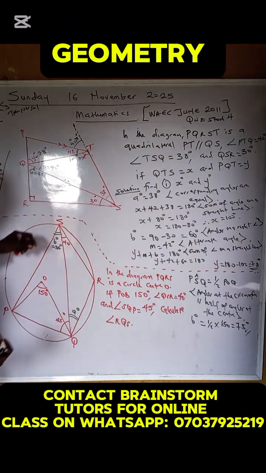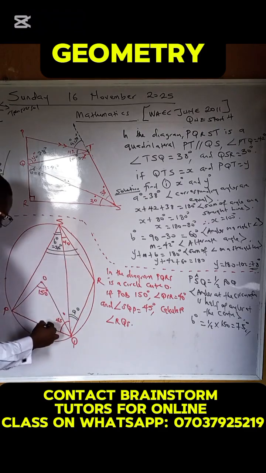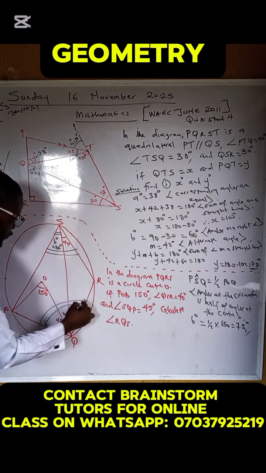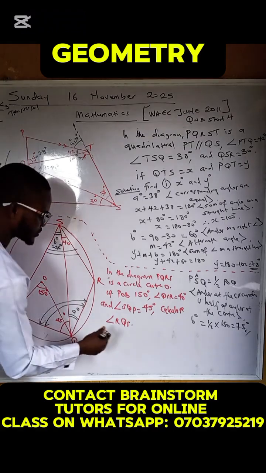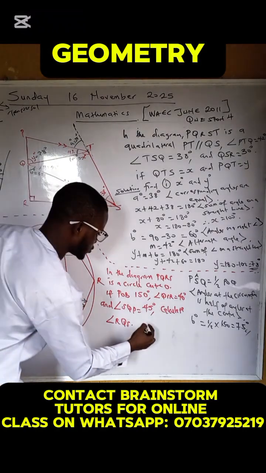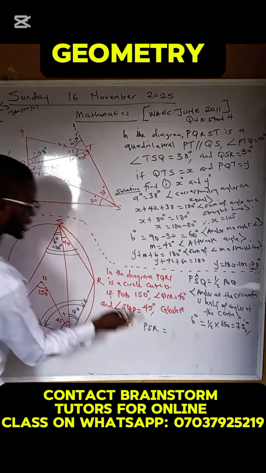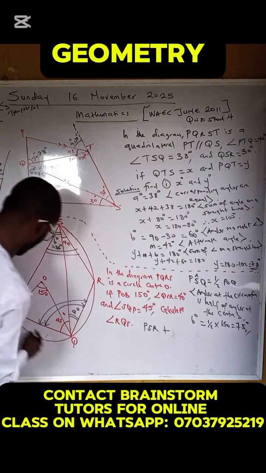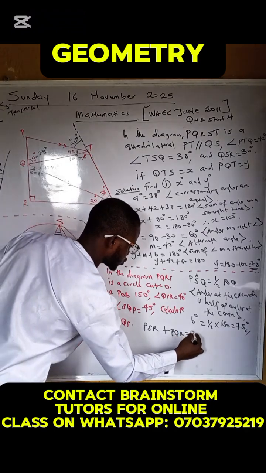So once they say that the opposite angles of a cyclic quadrilateral are supplementary, it simply means the sum of this angle that I have here plus this angle that I have here must equal 180 degrees. This is angle PSR plus angle PQR equals 180 degrees.